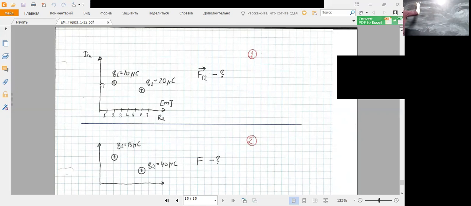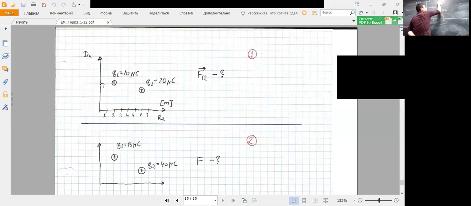Exercise number 1. This is the real part, this is the imaginary part. The first charge is here, Q1, which is positive, here is 4, here is 2. The next charge is here, Q2, here 3 and here 6.